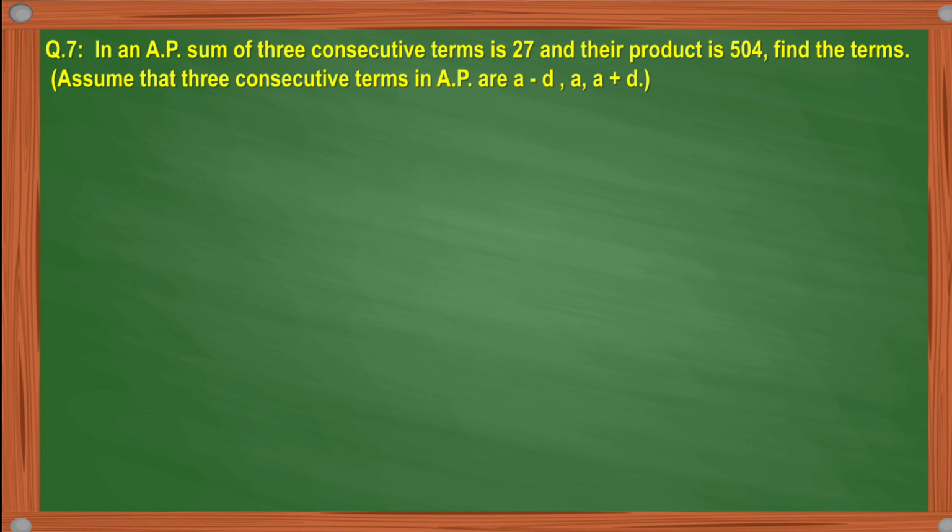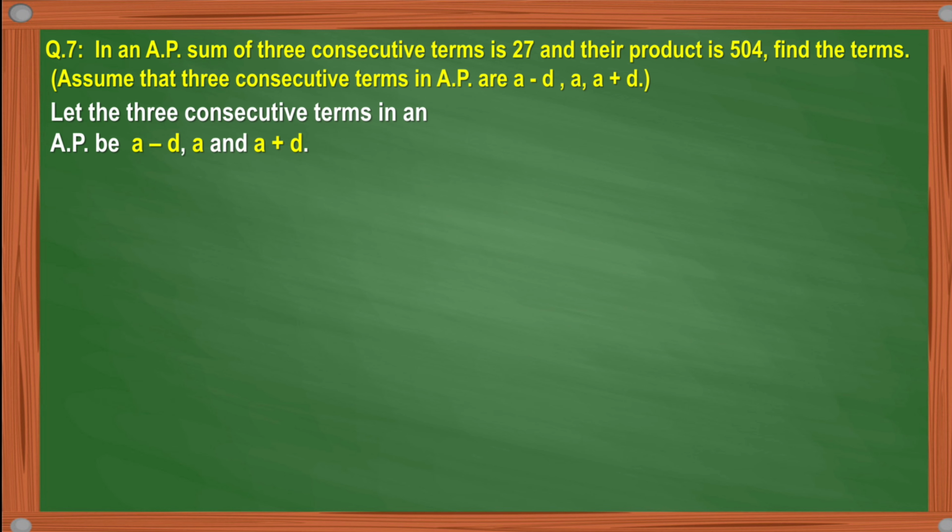Sometimes the terms might not be given to you, so you have to take them in this form. So let the 3 consecutive terms in an AP be a minus d, a and a plus d.